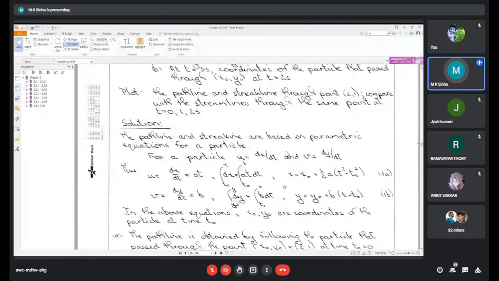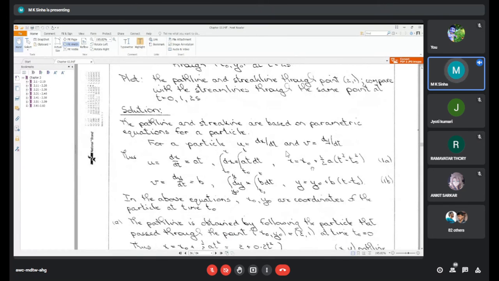So by choosing the starting time and coordinate, which may be given accordingly, otherwise some constant of integration will come. So x equals x0 plus 1 by 2 a (t squared minus t0 squared). Similarly, v is dy by dt equals b, so y equals y0 plus b (t minus t0).